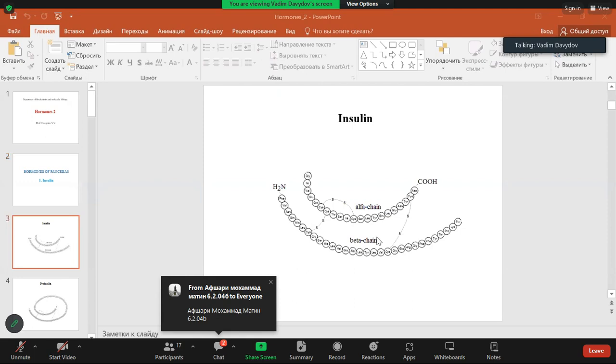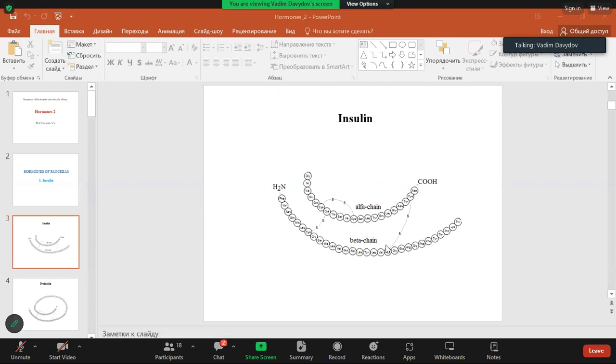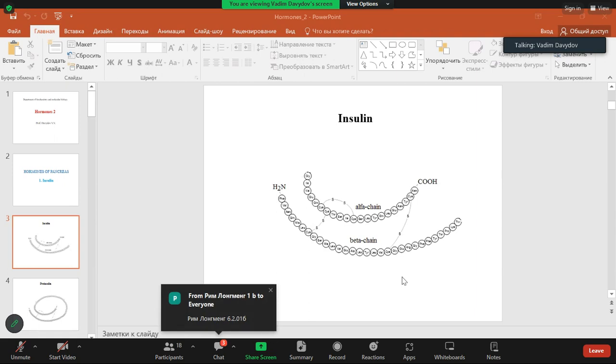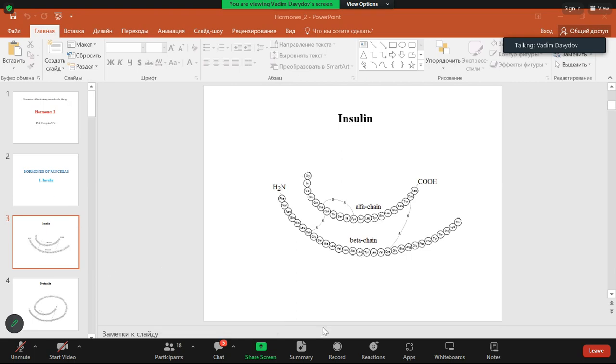As I said earlier, insulin is produced by beta cells of the pancreas. Insulin is a comparatively small protein which consists of only 51 amino acid residues, but in spite of its low molecular mass, insulin is an oligomeric protein.